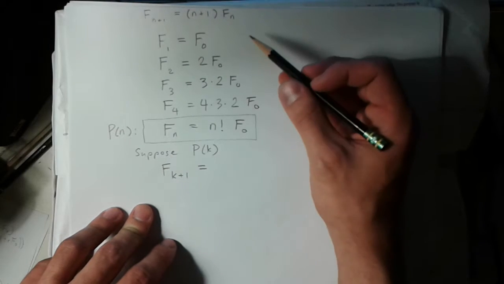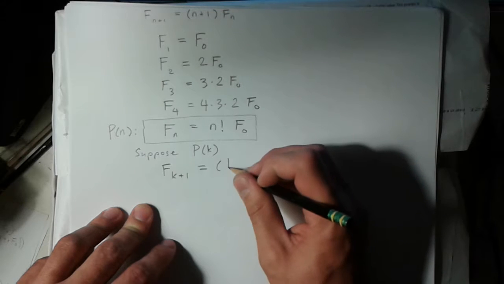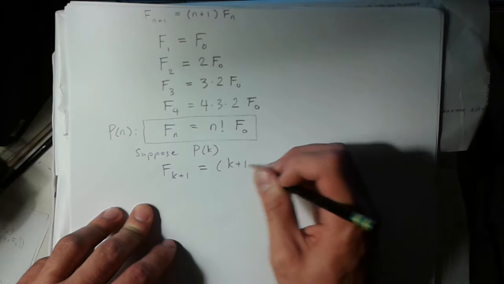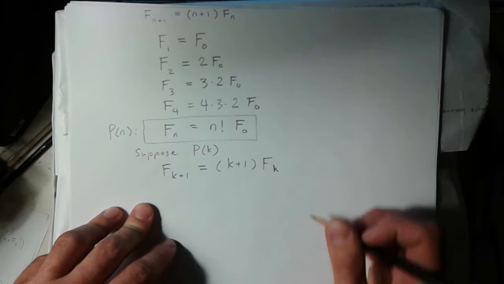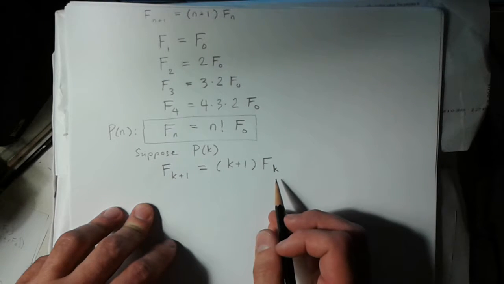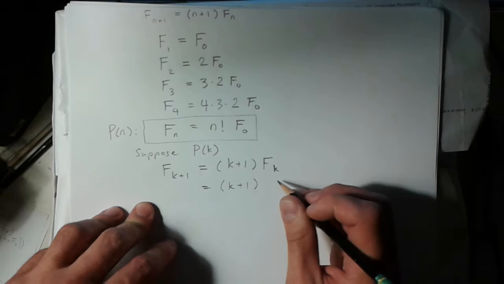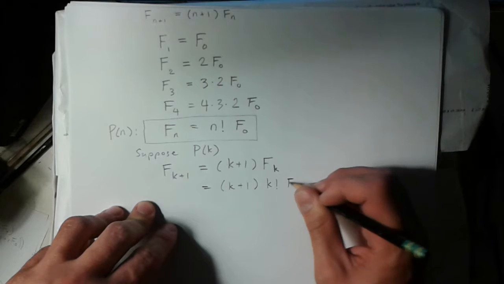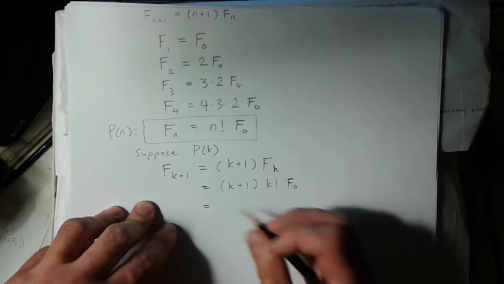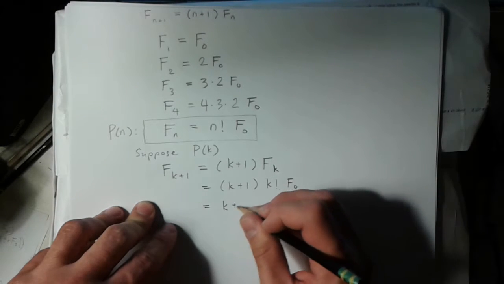According to the definition up here, this is just going to be k plus 1 times fk. And since we're assuming that P of k is true, that means that f of k is just going to be k factorial times f0. And k plus 1 times k factorial is just k plus 1 factorial.